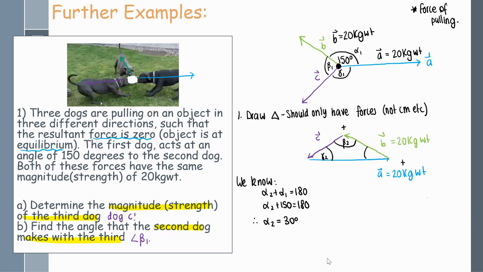Because we know that alpha 1 is 150, and alpha 1 plus alpha 2 equals 180 degrees, this means alpha 2 plus 150 will be 180. So my angle alpha 2, or that angle between A and B, will be 30 in the triangle. Once you've got all the information into your triangle that you can, we can start to use the triangle to find our unknowns from the questions.